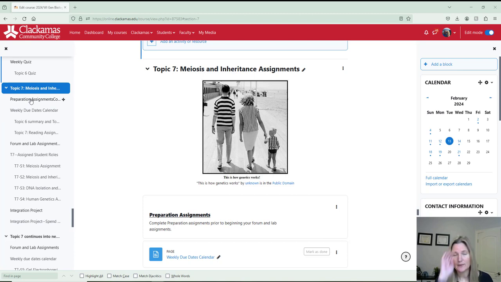So this week we're going to take a closer look at genetics. Last week we looked at mitosis, where we take our cells and make exact copies of them through the cell division process.